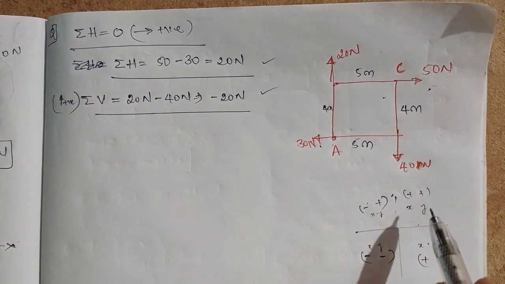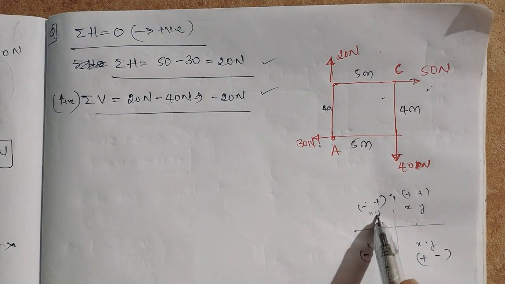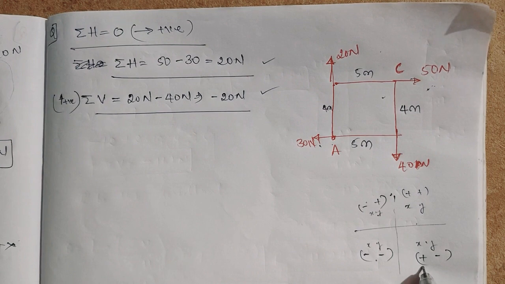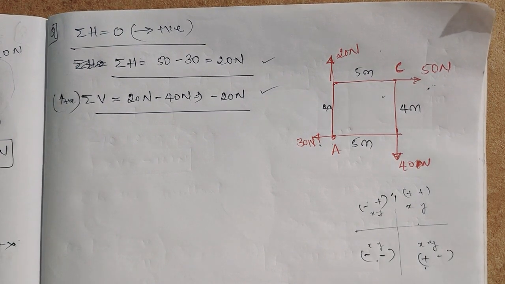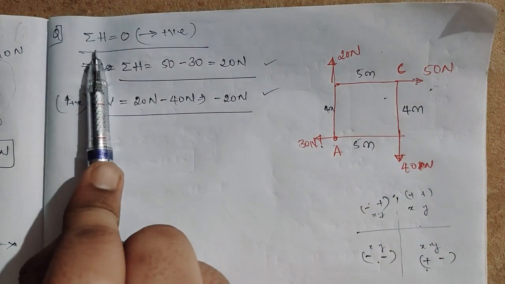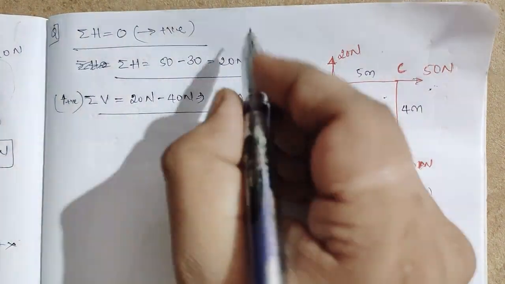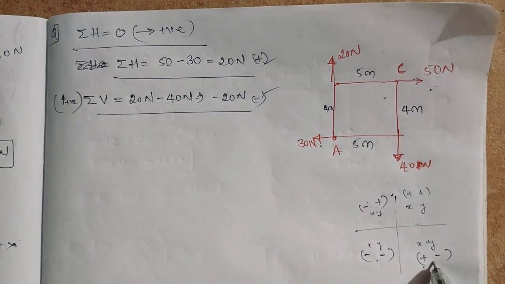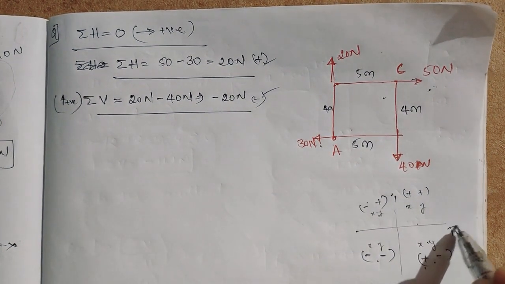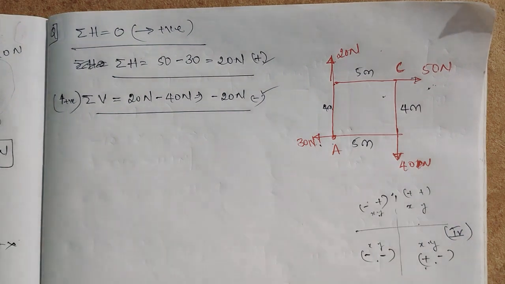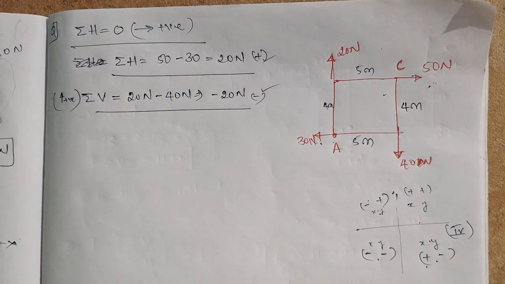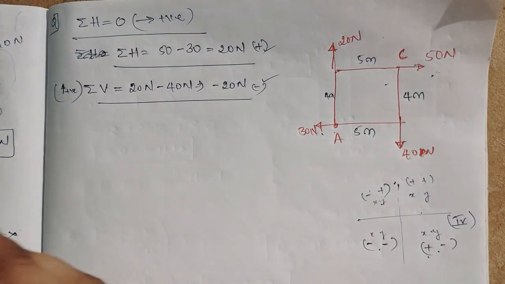Okay, first we will write the value of X. So when we get summation of horizontal force equal to 20 Newton, that is positive, and Y is negative. So positive to negative it is in the fourth quadrant. So we can estimate where the resultant force lies. It will lie in the fourth quadrant.